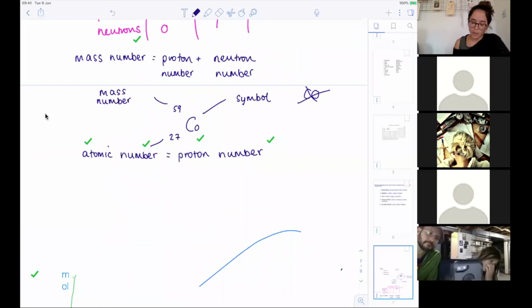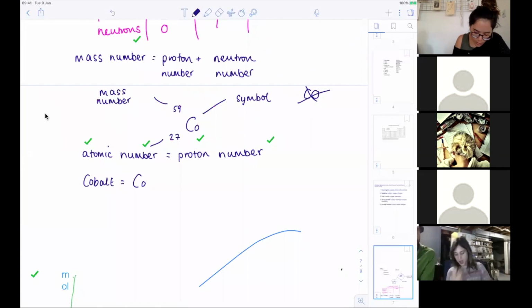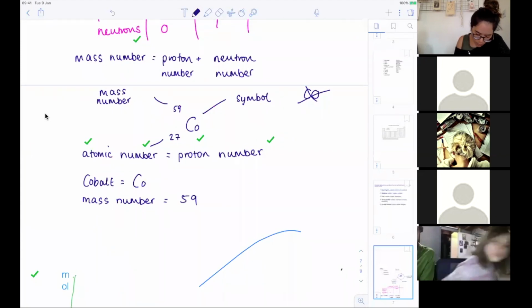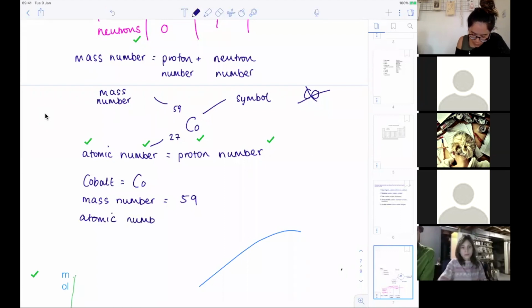What do we know? Well, we know the chemical symbol of cobalt is Co. We know that its mass number is 59. And we know that its atomic number is 27. So that means, therefore, that we can say that its proton number is also 27.